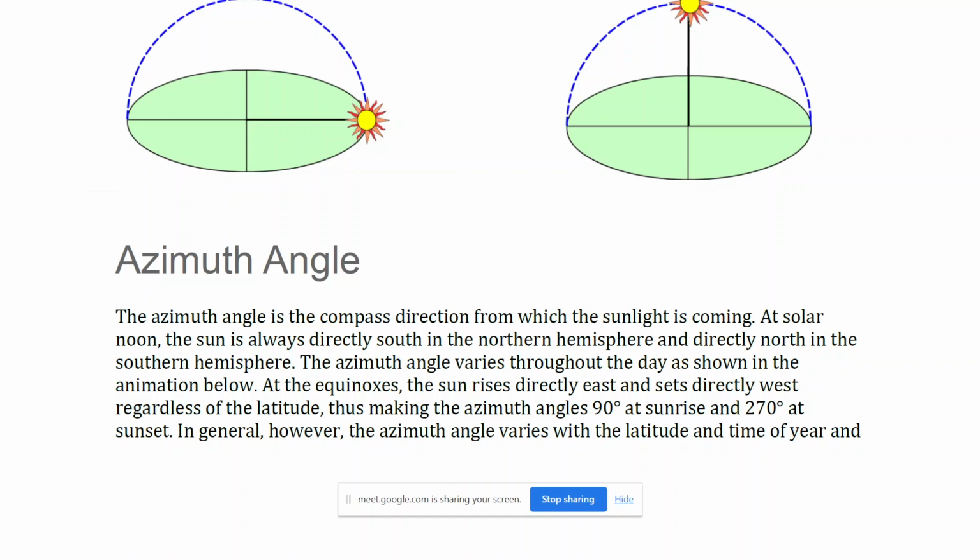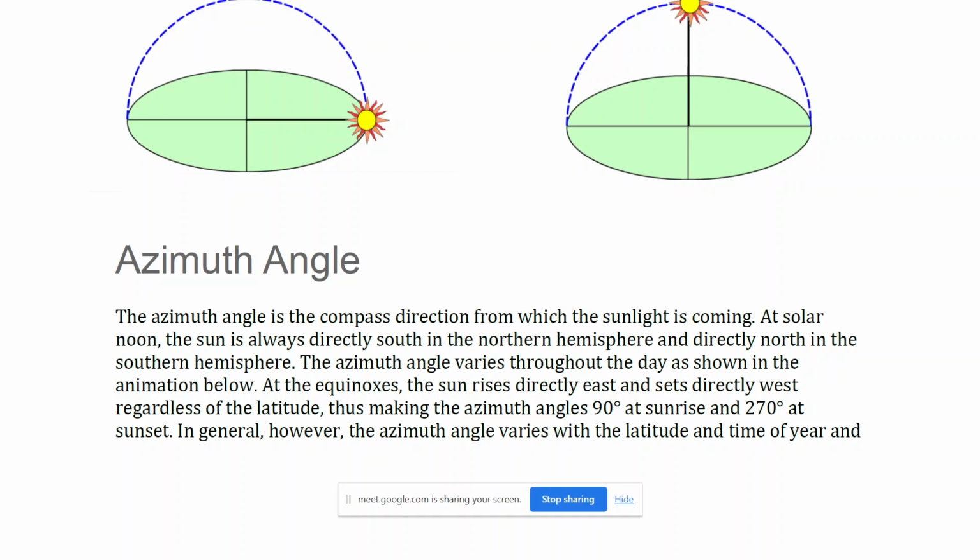At solar noon, the sun is always directly south in the northern hemisphere and directly north in the southern hemisphere. The azimuthal angle varies throughout the day as shown in the animation below. At the equinoxes, the sun rises directly east and sets directly west regardless of the latitude, thus making the azimuthal angle 90 degree at sunrise and 270 degree at sunset.